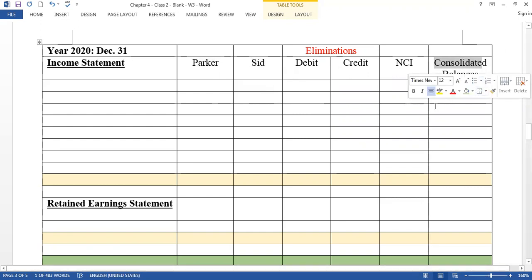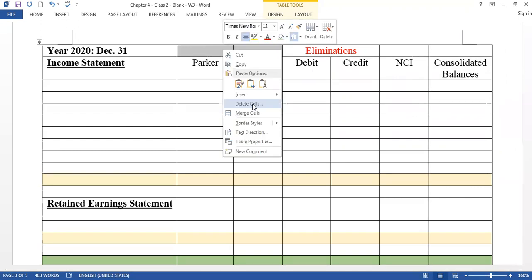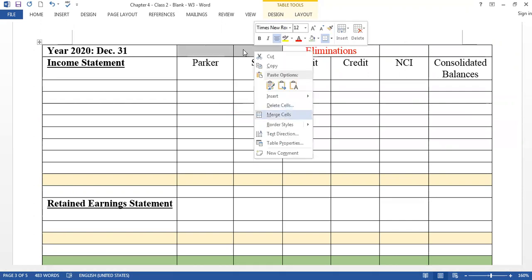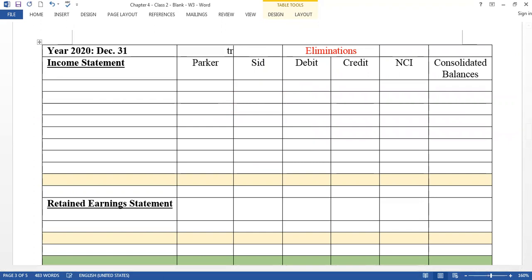Can you remember? Yes. So here, the first two columns came from the trial balance. It is given in the question.